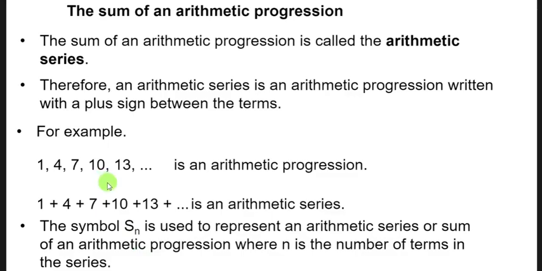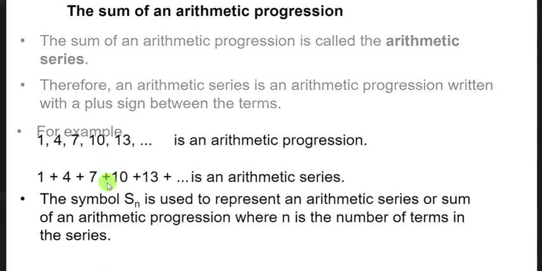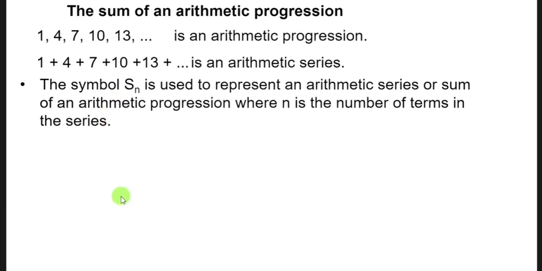Alright, so let's push this one up here so that we continue. If we were to find the sum of this arithmetic series, we would write S5 because there are 5 terms. So in short, this can be read as the sum of 5 terms of an arithmetic series.